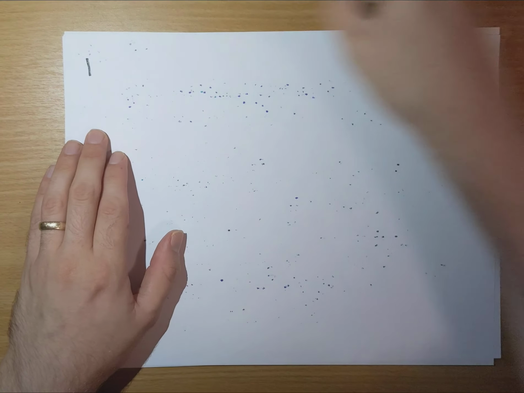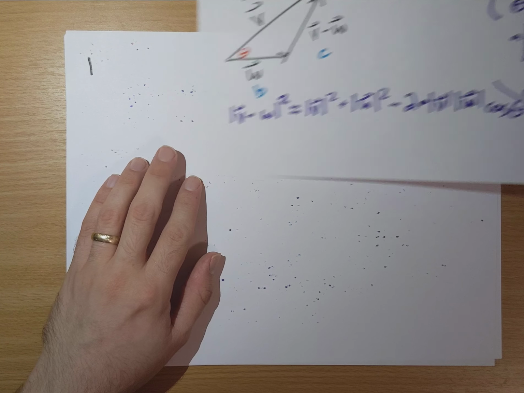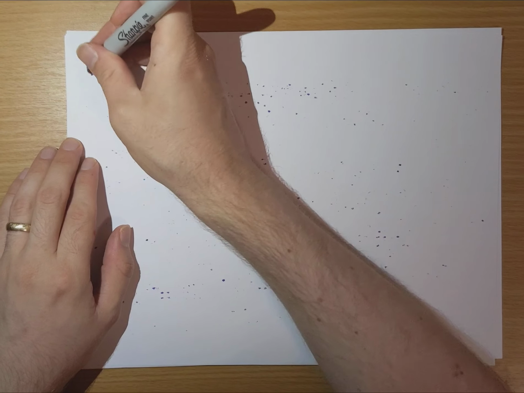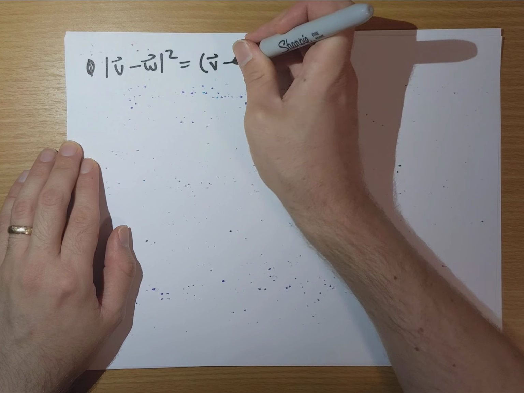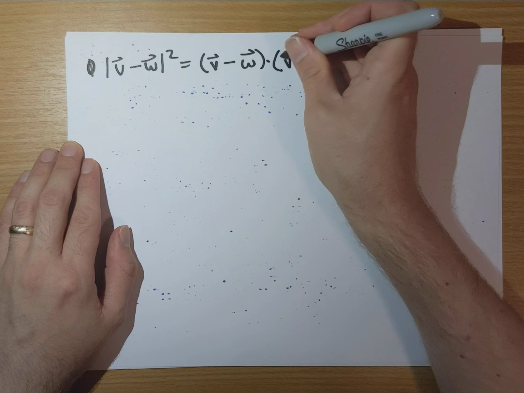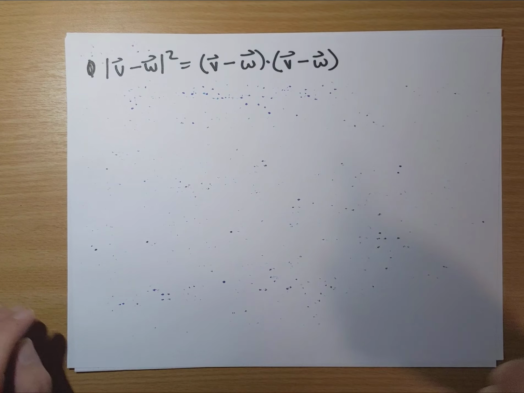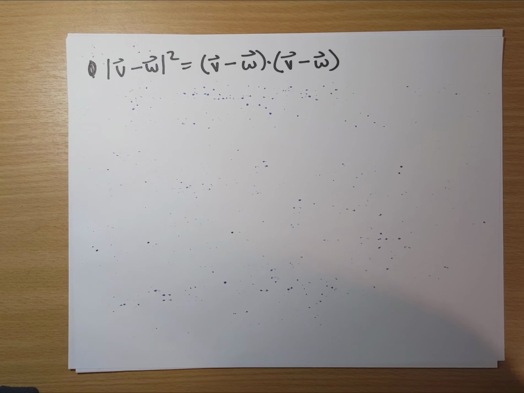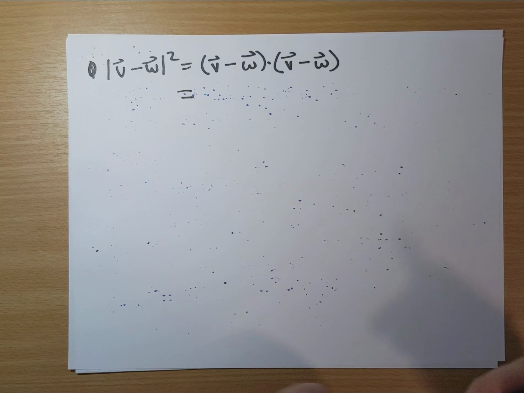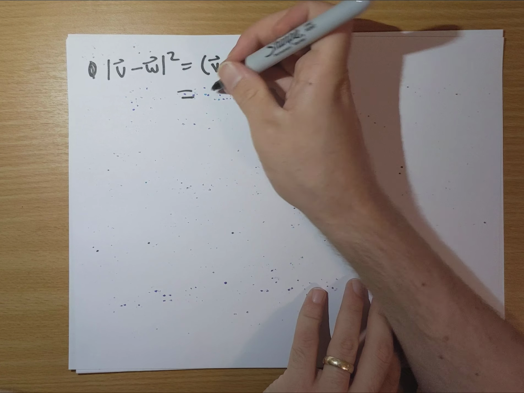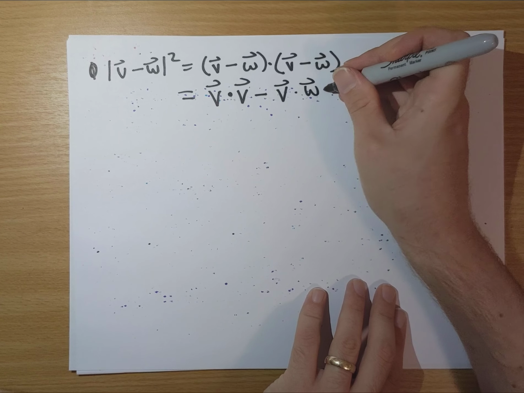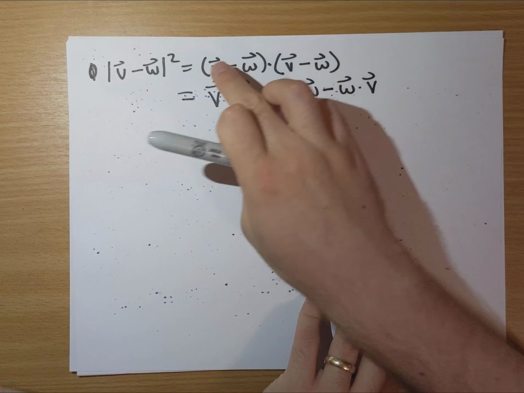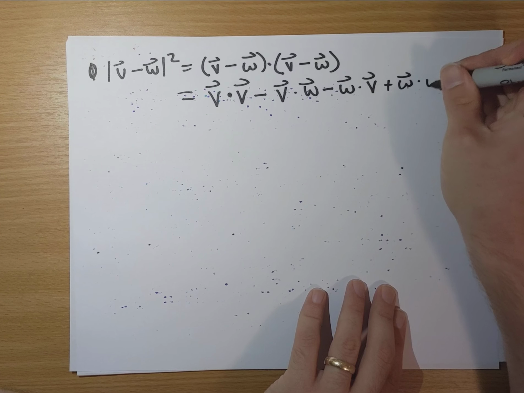The magnitude of v minus w squared is going to be v minus w dot product v minus w, because the magnitude of any vector squared is just the dot product of that vector with itself. And if we distribute, if we FOIL, we get v dot v minus v dot w minus w dot v, minus times minus is plus w dot w.